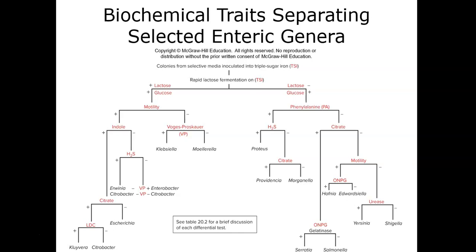We can then go into Bergey's manual and use a series of these dichotomous keys where you basically go yes or no, and then depending on which option you choose, you follow these brackets down until you get to an actual microbial identification. But all of these different items that you see in pink are different tests that you would perform on laboratory media to basically give you an idea of which unknown microbe you were working with.